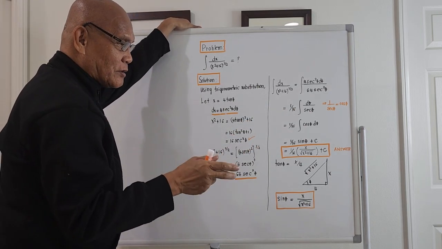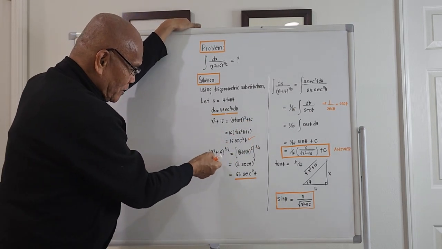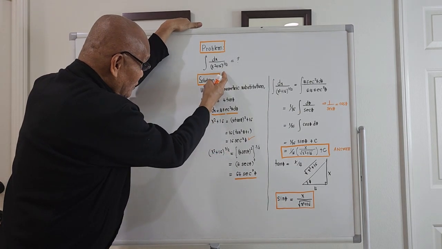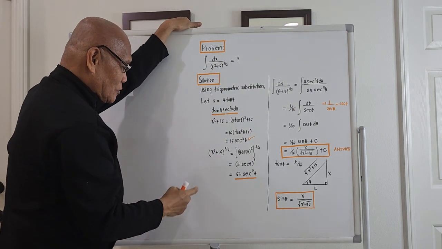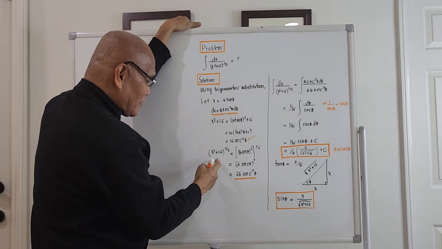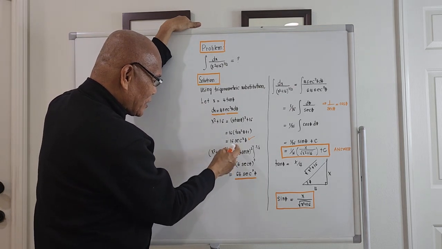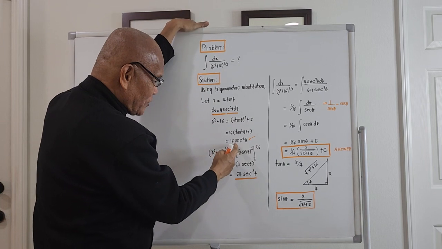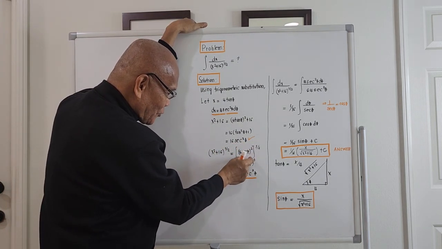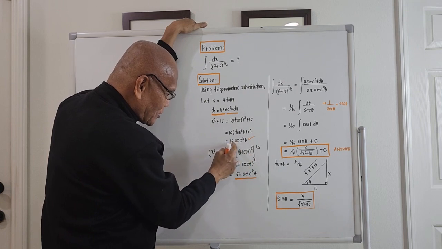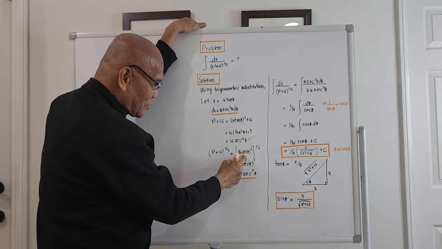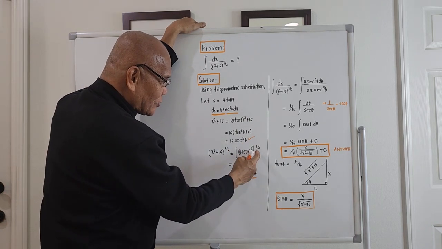Let's bring out the equivalent of x squared plus 16 raised to the 3 halves. That's the given problem, right? By using this value, x squared plus 16 can be written as 4 secant of theta quantity square, because if we square this, it will be 16 secant square of theta. Raise that again to the 3 halves.